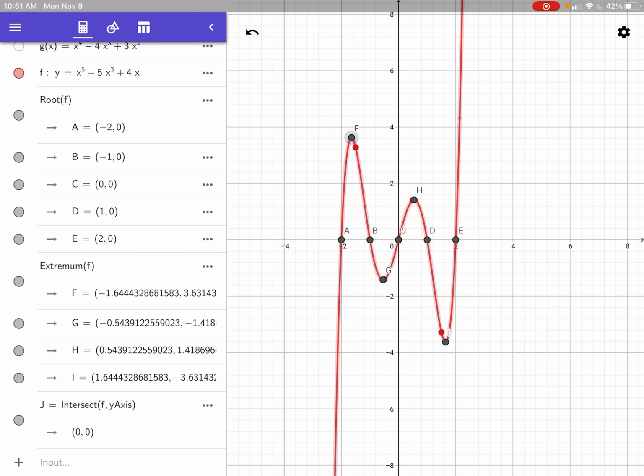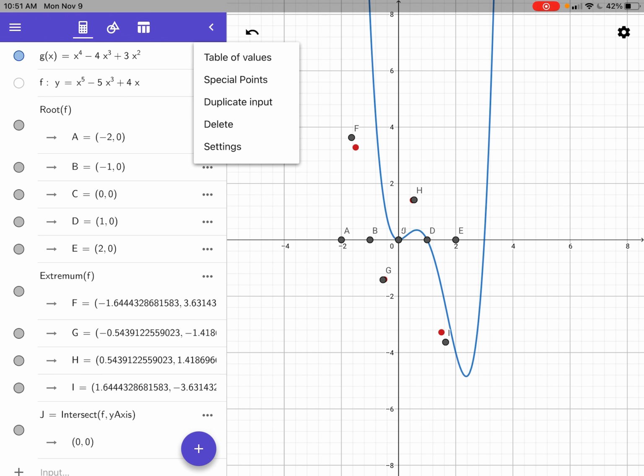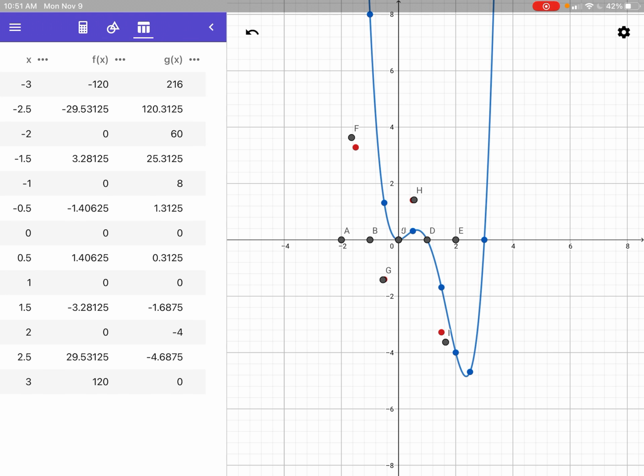All the roots, all the zeros are exactly what we got. The intersect down at the bottom with the y-axis, 0, 0, that looks good. Okay, let me hide this one and let's go to this other one. Again, the table of values, we could see some of those points in there.